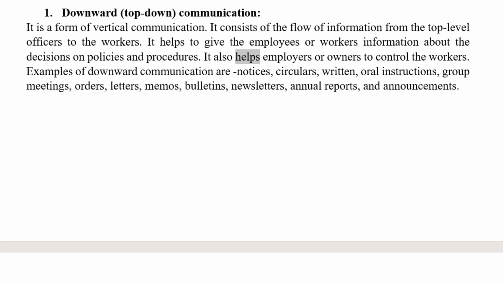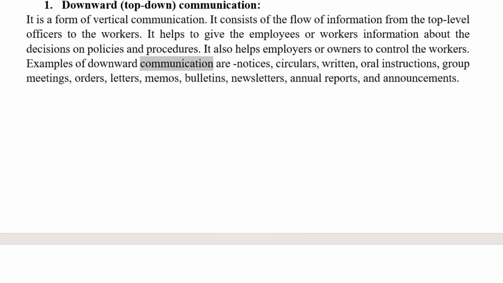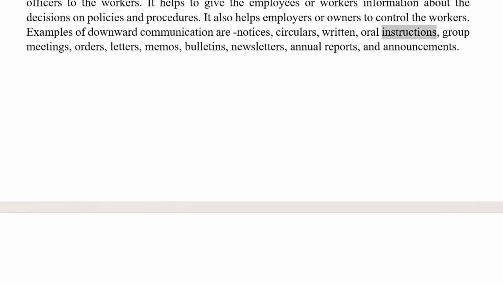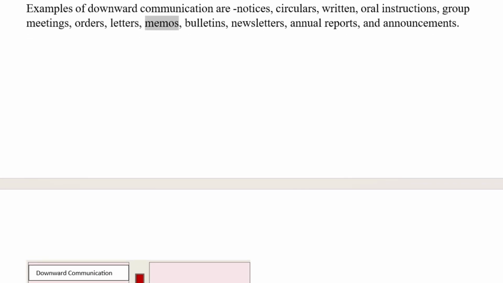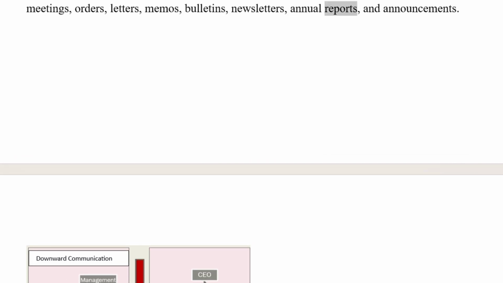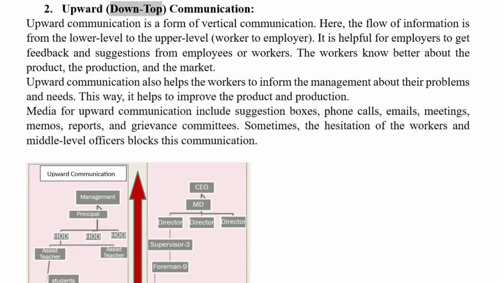It also helps employers or owners to control the workers. Examples of downward communication are notices, circulars, written and oral instructions, group meetings, orders, letters, memos, bulletins, newsletters, annual reports, and announcements.